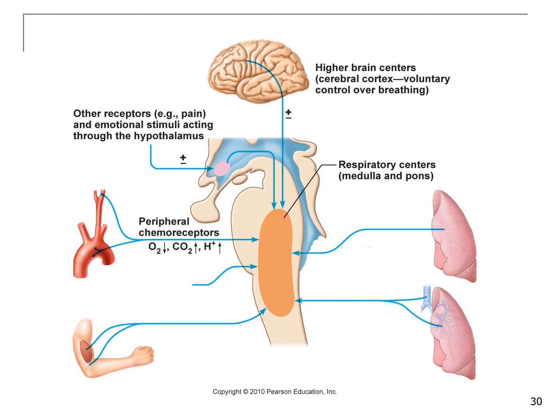You've also got peripheral chemoreceptors, and if you have a decrease in oxygen, an increase in CO2, or an increase in hydrogen, this will cause an increase in breathing rate, because basically a higher amount of hydrogen can be an indicator of a higher amount of CO2.